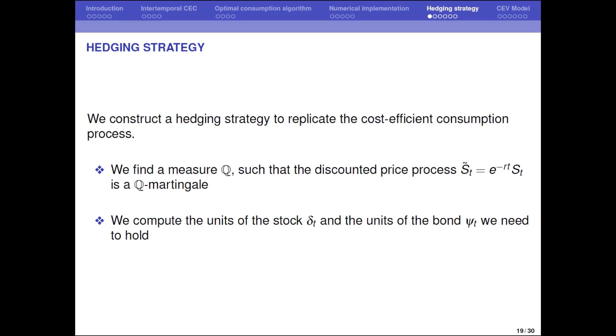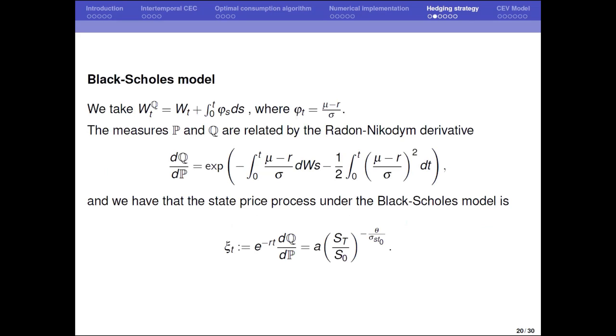And I denote with delta the units of stocks, outside the units of the bonds, we need to hold to make the replication. For the Black-Scholes model, we have that this change of measure is good.